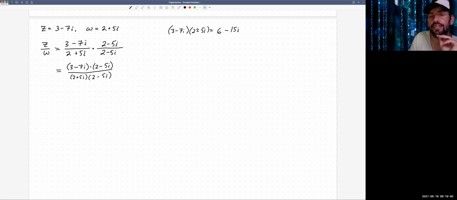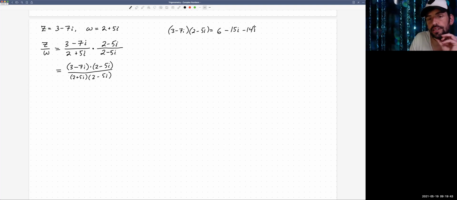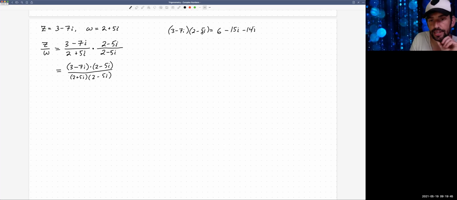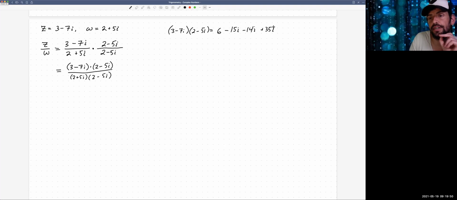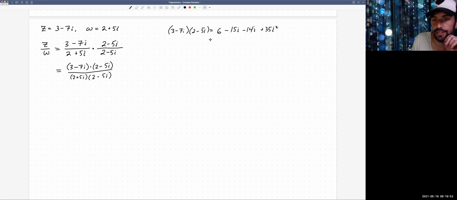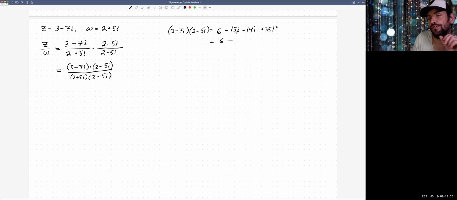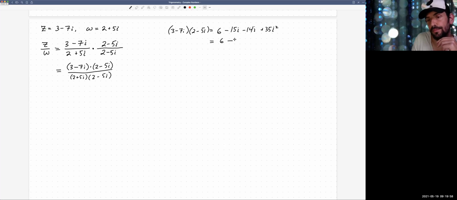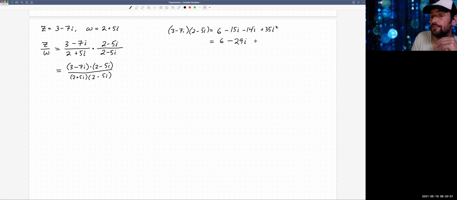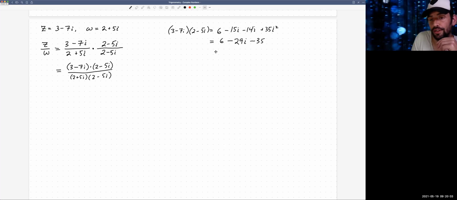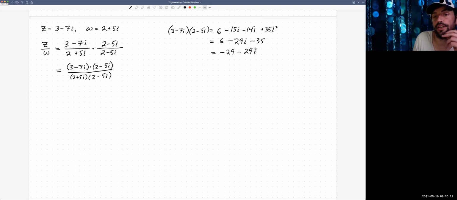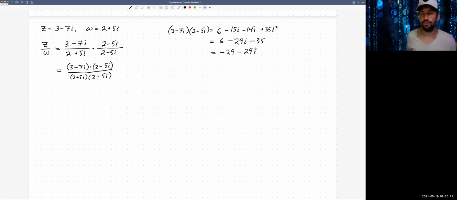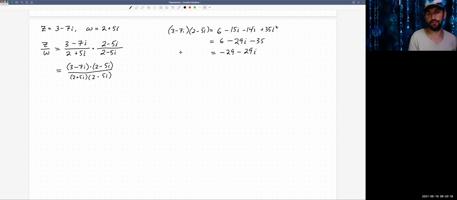Then negative 7i times 2 is minus 14i. And then negative 7i times negative 5i is positive 35i squared. So now I have minus 15i minus 14i is minus 29i. The i squared becomes negative, so I have negative 35. And 6 minus 35 is negative 29, minus 29i. There's the numerator.